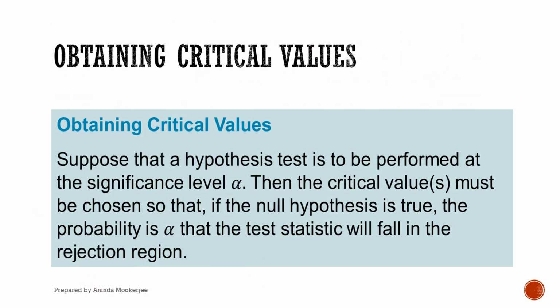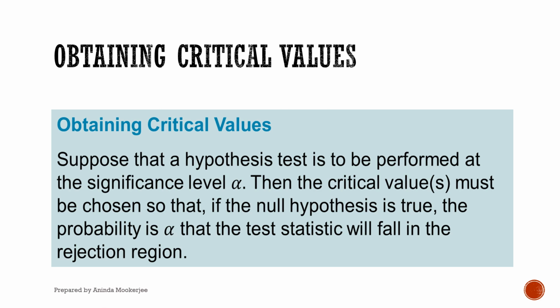Now we talk about how to obtain the critical values. We've already spoken about it, but here let's formalize it. Obtaining critical values: suppose that a hypothesis test is to be performed at the significance level alpha, then the critical value must be chosen so that if the null hypothesis is true, the probability is alpha that the test statistic will fall in the rejection region. What does this mean?